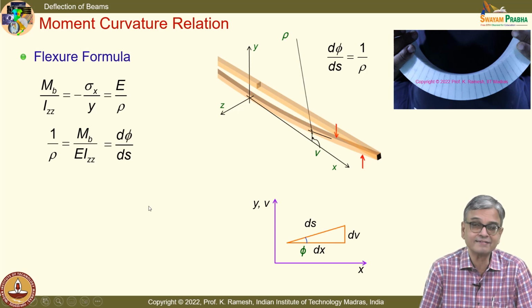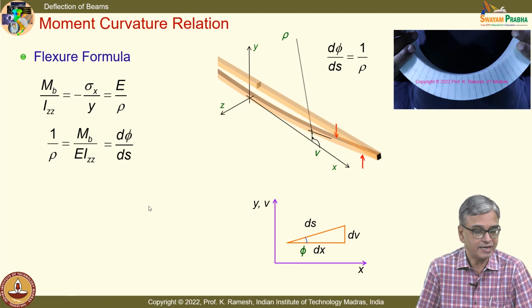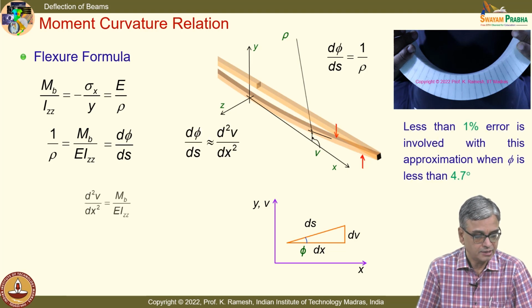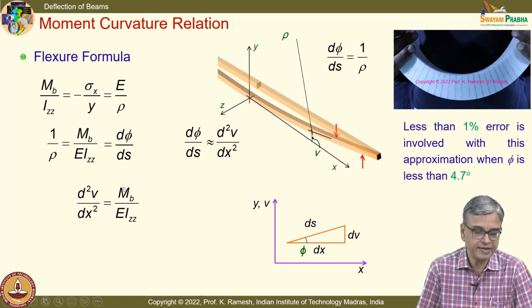So, now I can establish a relationship between d squared v by dx squared and the bending moment, and we have already noted this as flexural rigidity, product of E into I_zz, or bending rigidity.